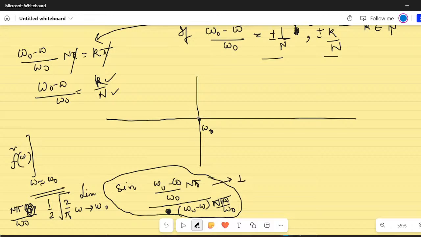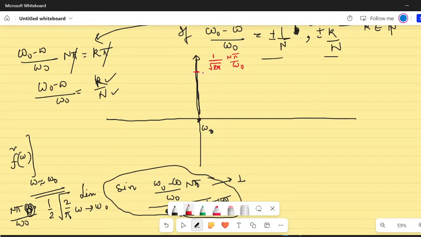So basically as omega tends to omega naught, the Fourier transform will show an amplitude which is simply 1 upon root 2 pi, and then you will have this n pi upon omega naught.